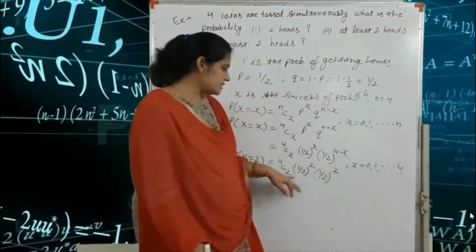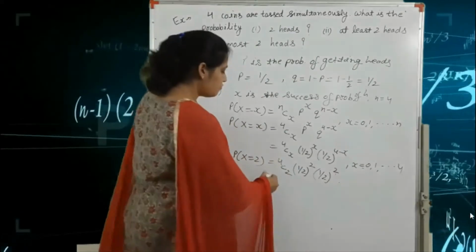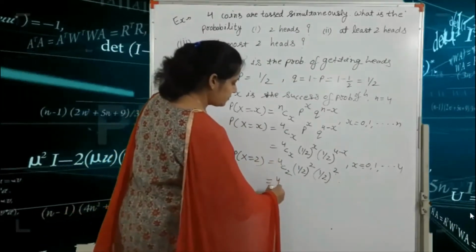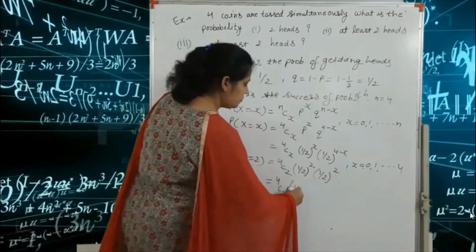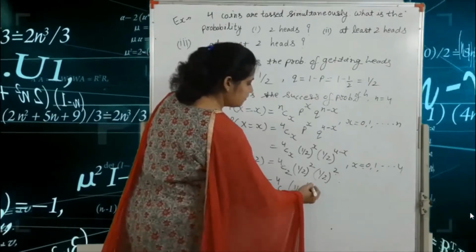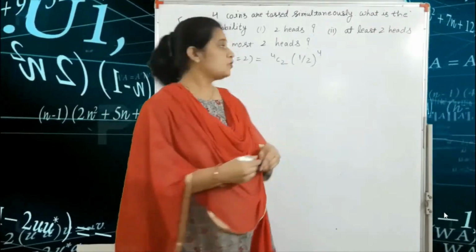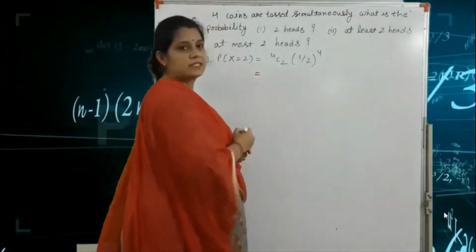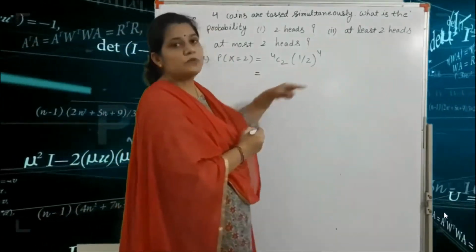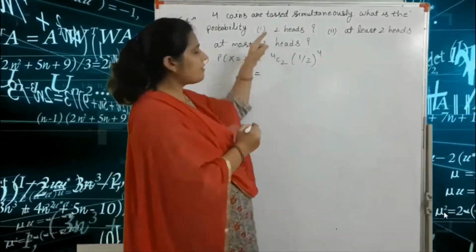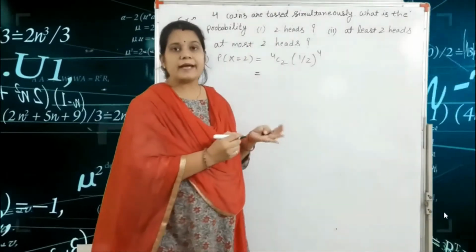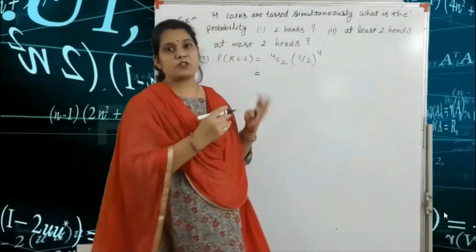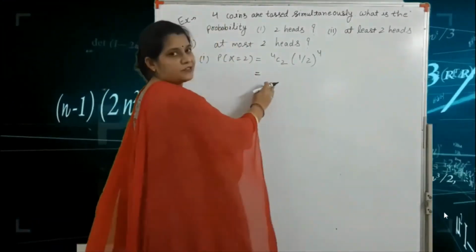Okay, so 4C2 (1 by 2) raised to the power 4. So first we solve this term.